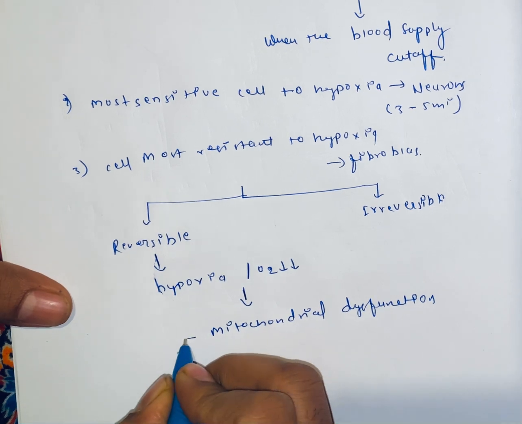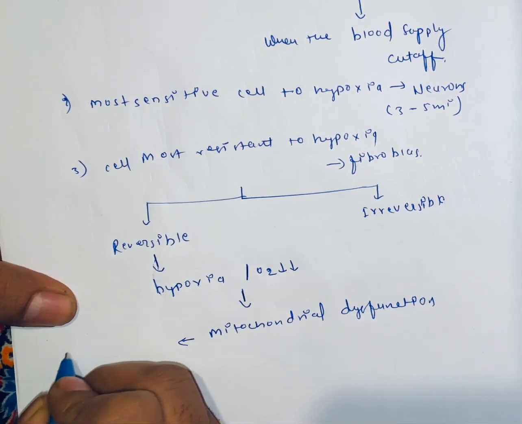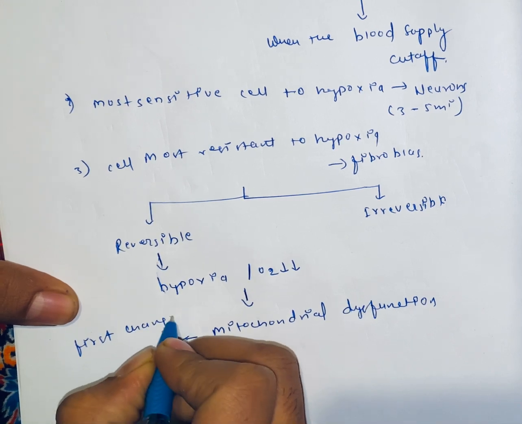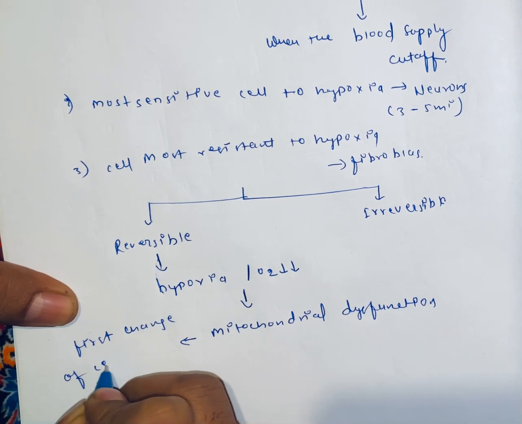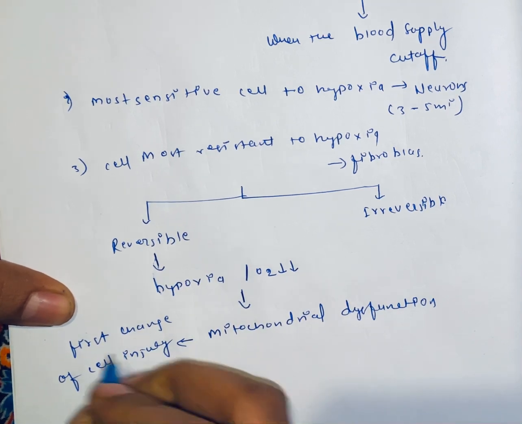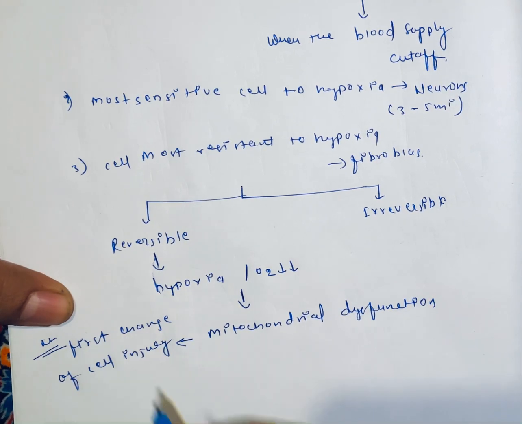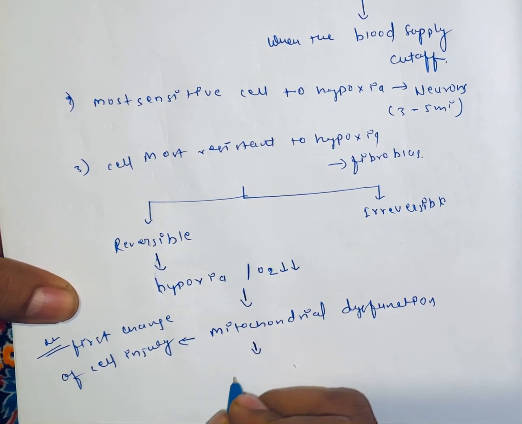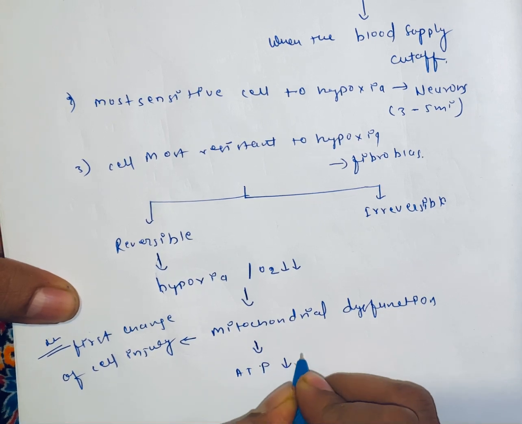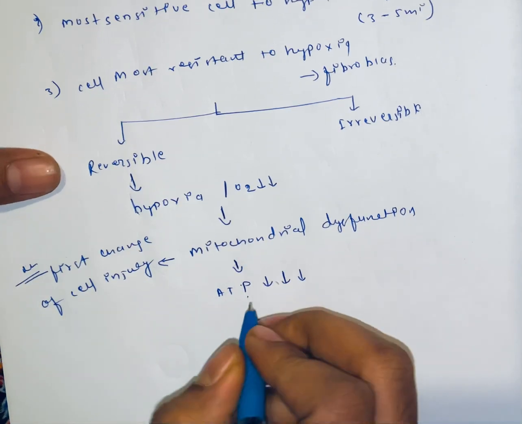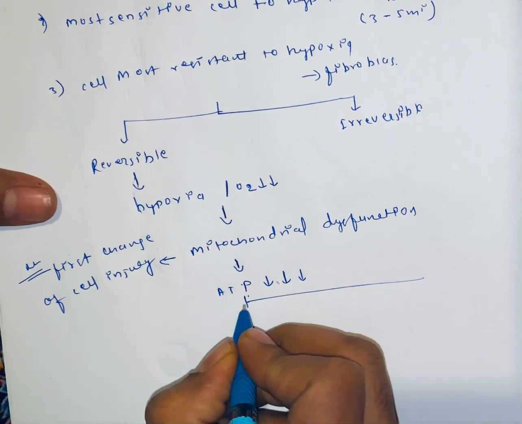So the first question comes here: the first change of cell injury. Many times it has come in exams. The first change in cell injury is mitochondrial dysfunction, and due to mitochondrial dysfunction there is a decrease in synthesis of ATP, and when there is decrease in synthesis of ATP, it causes three things.